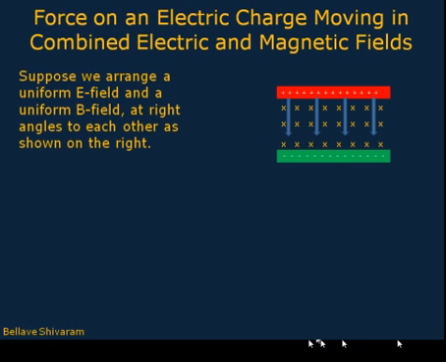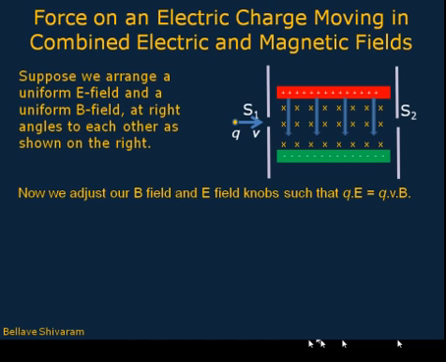Then we apply a magnetic field which is pointing into the plane as shown by the axis. Then we make two tiny slits, S1 and S2, and we shoot positively charged particles, let's say of charge Q, with the velocity V.